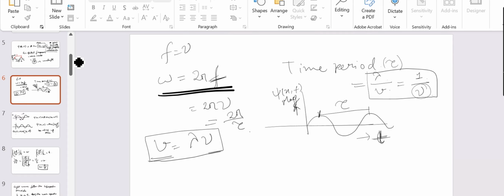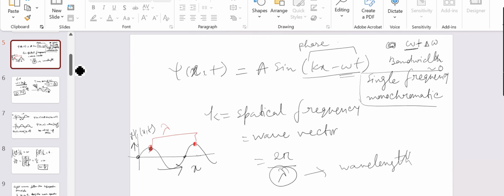Time period is 1 by frequency, and k, the wave vector, is 2 pi by lambda. We can denote the wave as sine of kx minus omega t, with kx minus omega t as the phase. We can also denote it as cos of kx minus omega t. It doesn't need to be sine always. Basically, it needs to be a periodic harmonic wave.